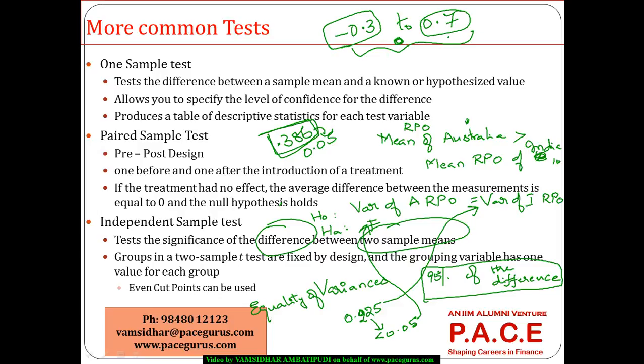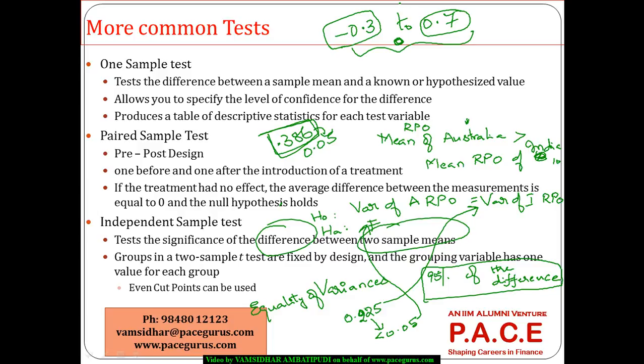That's the reason we are not rejecting the equality. We are saying with 95% confidence that there is no evidence to reject the equality between the means of the runs per over for the two countries. So this is how we execute the independent sample t-test.